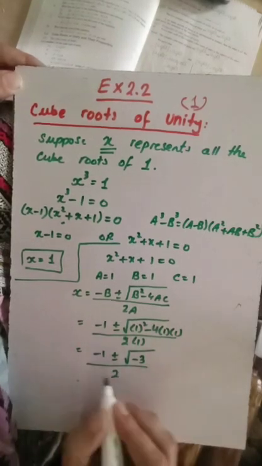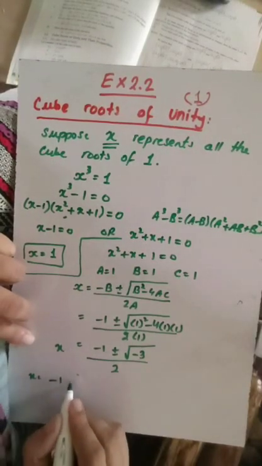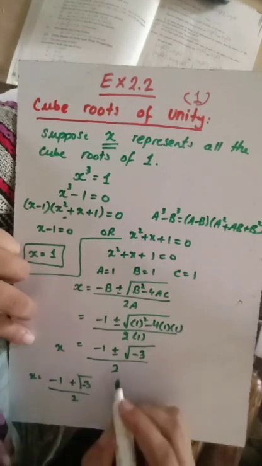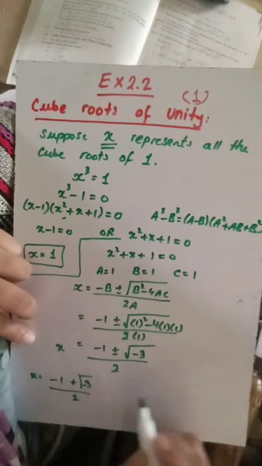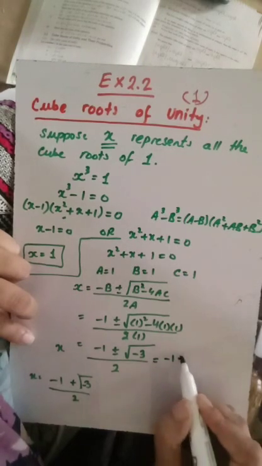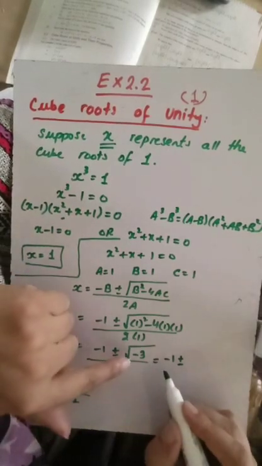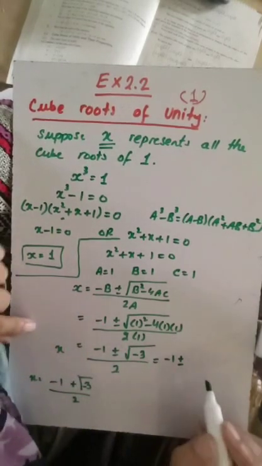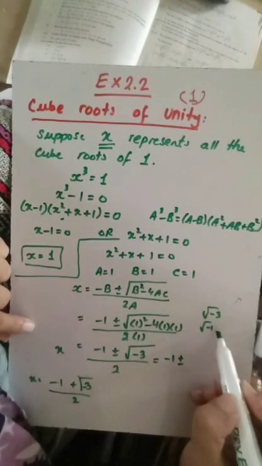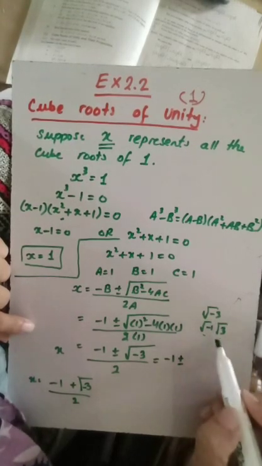So x will have these two values: x is equal to minus 1 plus minus under root negative 3, over 2. This can be written as minus 1 plus minus, if I write this number in iota's form, negative 3 can be written as negative 1 times 3, under root negative 1 and under root 3, and we know that under root negative 1 is denoted by iota.